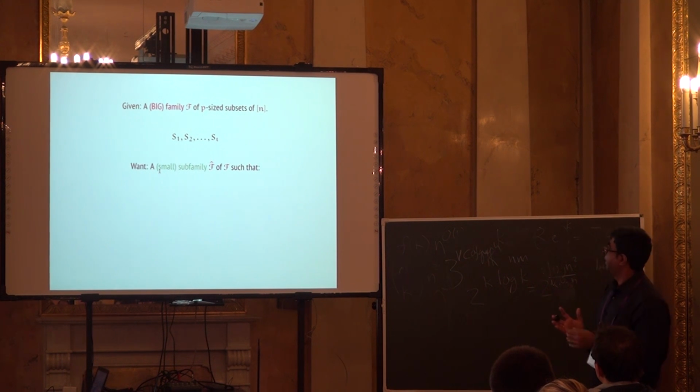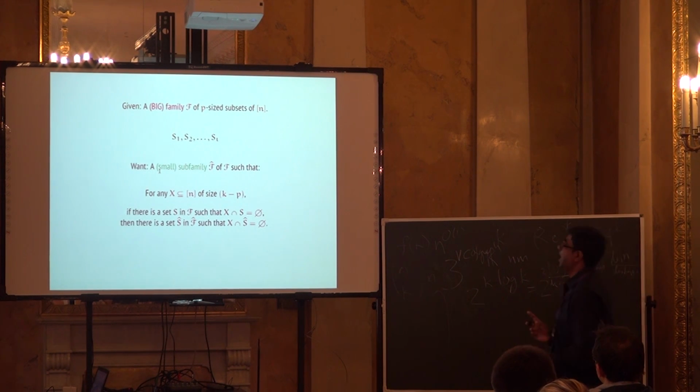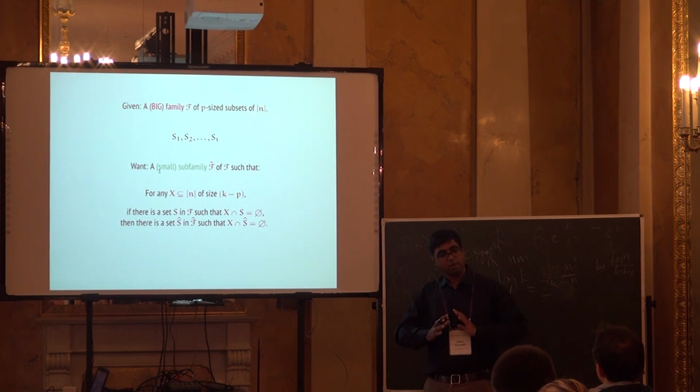We want a small subfamily F hat of F such that for any X, now I have made my question even harder for myself. Before, I said if there is a path, they can combine into a path. Now I say I don't care anymore.